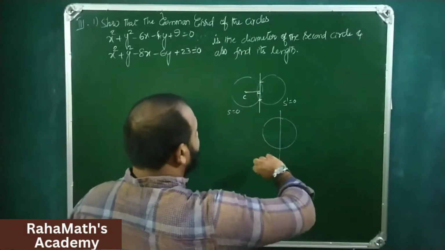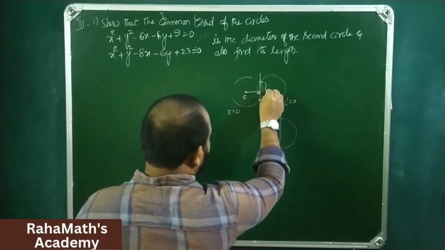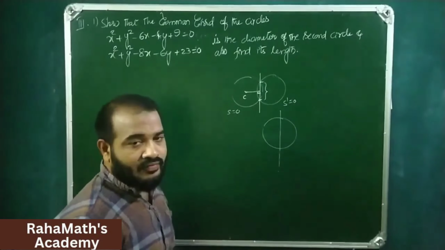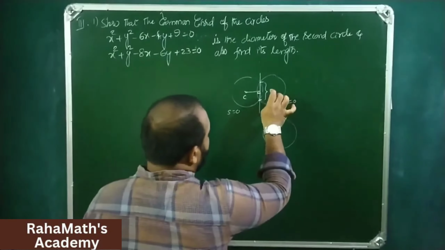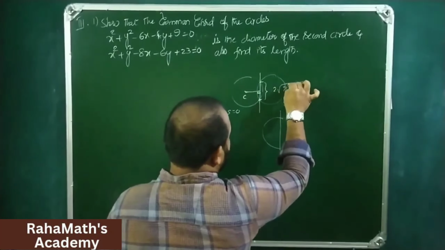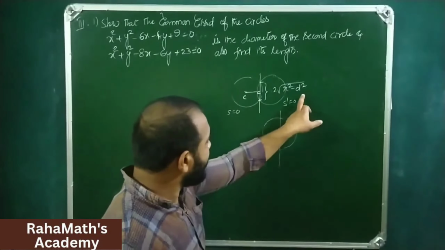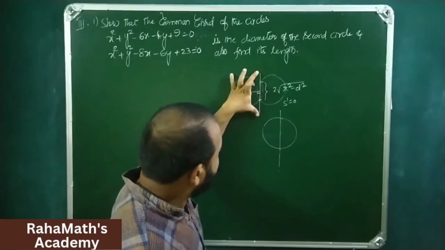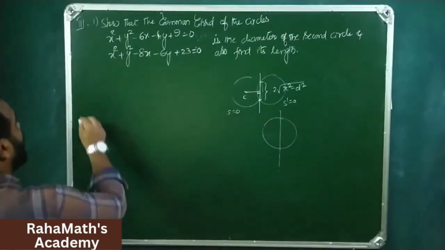The length of the chord is 2 root of r square minus d square, which we have discussed before. R is the radius of the circle and d is the perpendicular distance from the center to the line. This line is the radical axis. Okay, let us do this now.